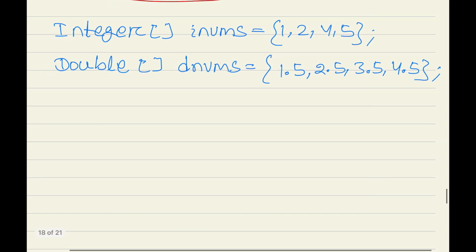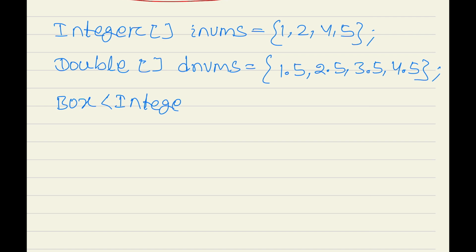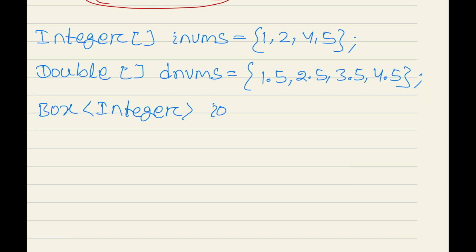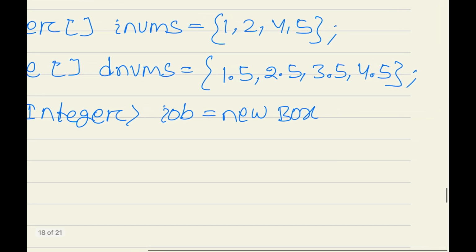Now we can write Box<Integer>, and assume the object name is iob, equal to new Box. This Box class is similar to the previous example.